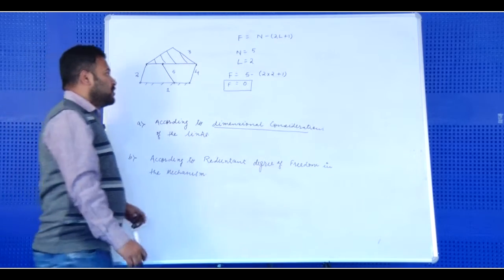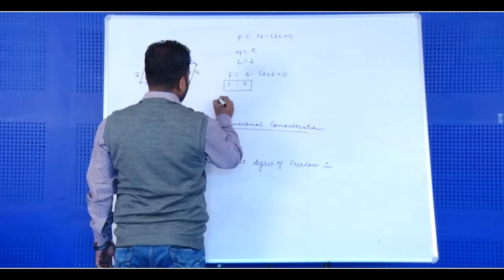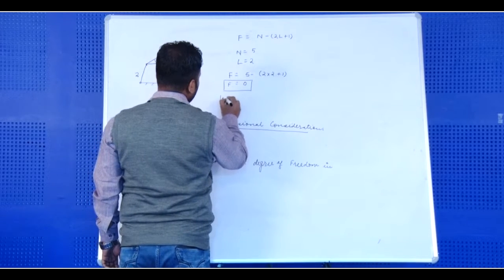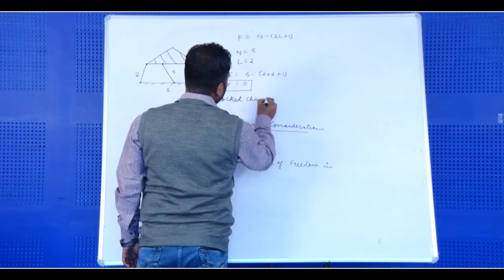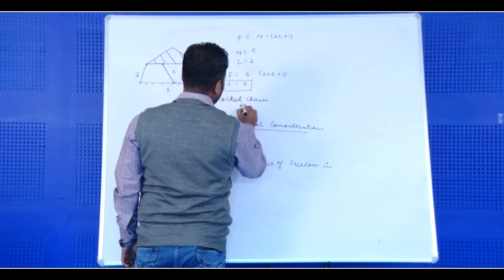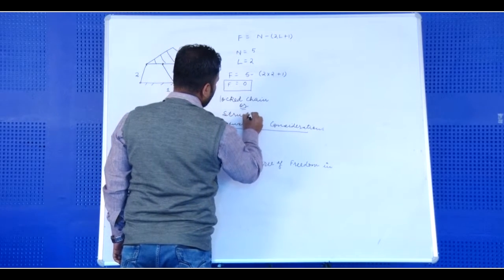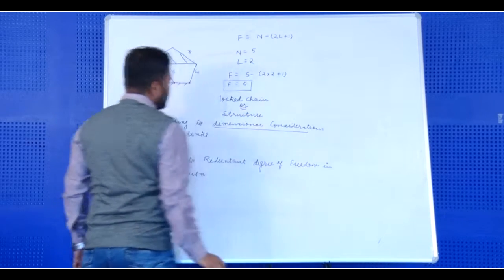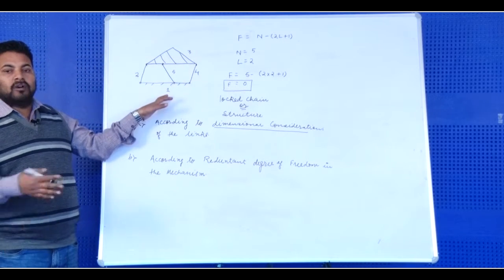If the degree of freedom comes equal to 0, then such a type of chain or mechanism is called a locked chain or structure, which means it cannot move in any direction by applying any amount of force.